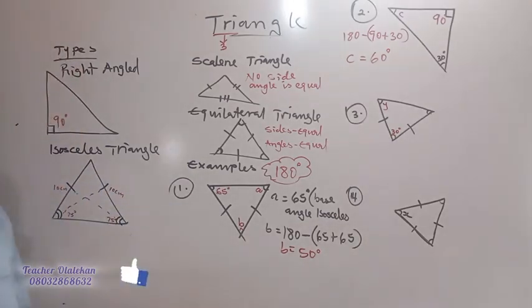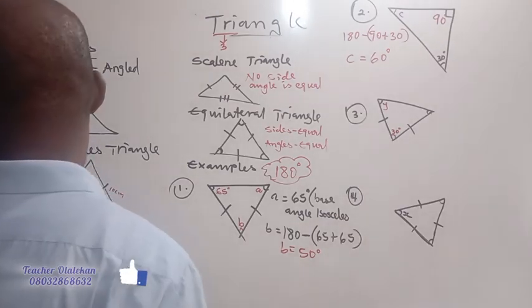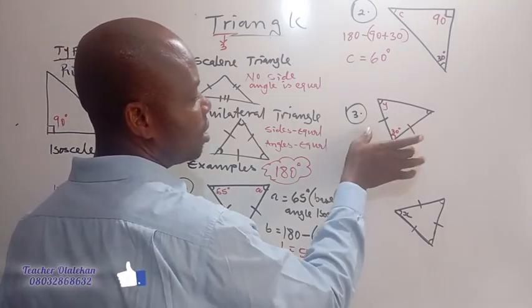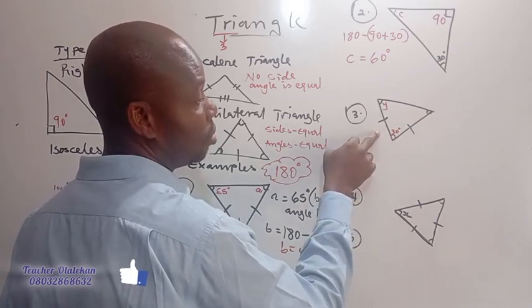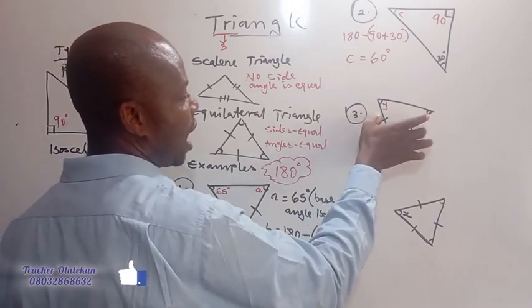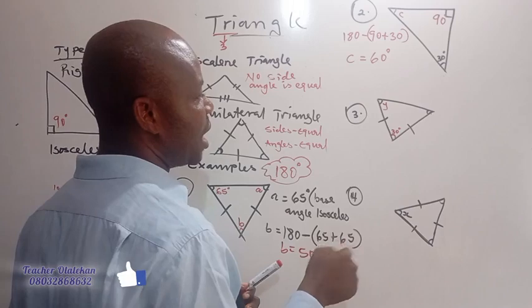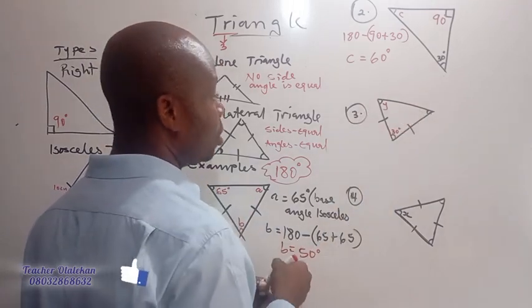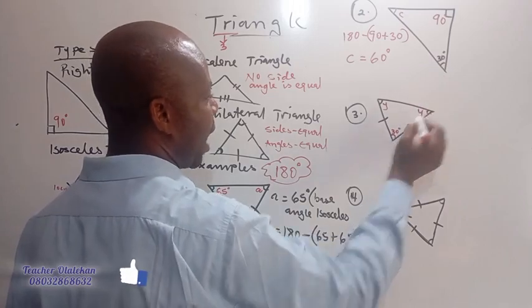Simple or difficult? Simple. So now the next one, number 3. Which type of triangle do we have here? Isosceles. How do you know it's an isosceles? Because these two sides are equal. So this angle Y is equal to this one also, so this should have been labeled Y as well.